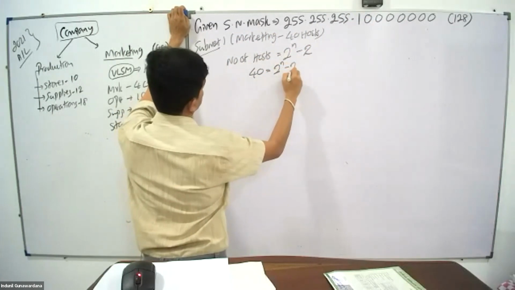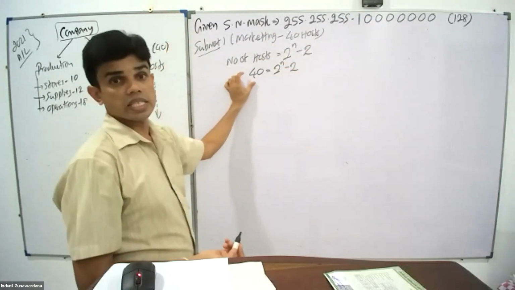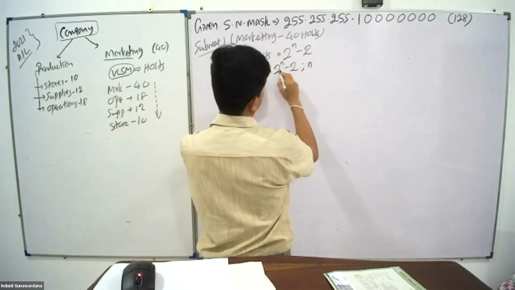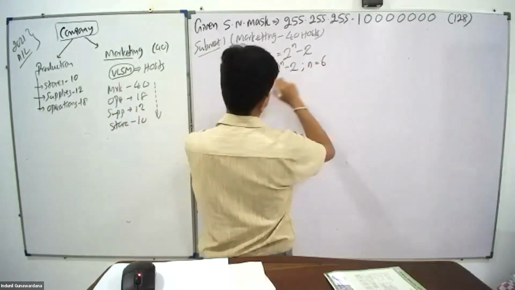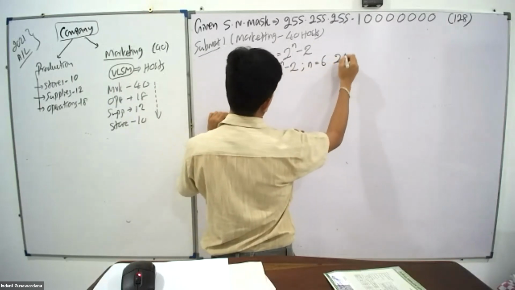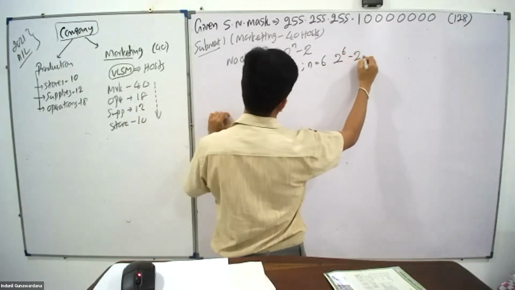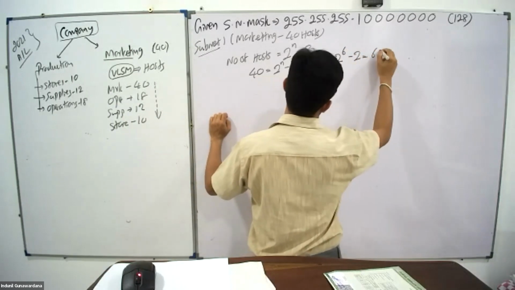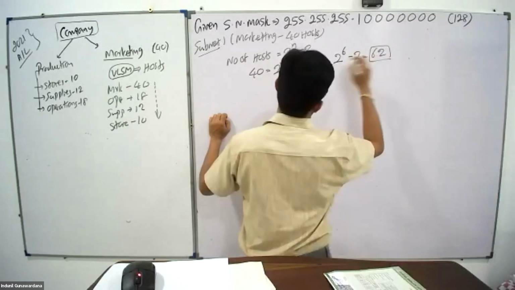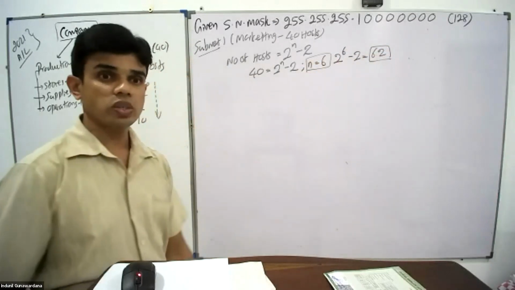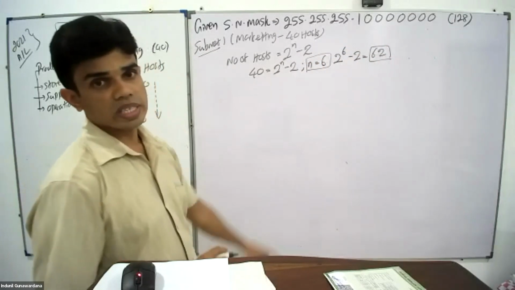Since 2 to the power 5 is 32, n has to be 6. Then 2 to the power 6 minus 2 is 64 minus 2, 62. If I make n 6, it gives me 62 hosts. That's fine.